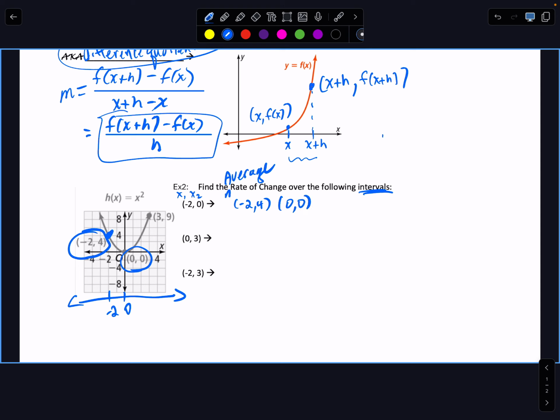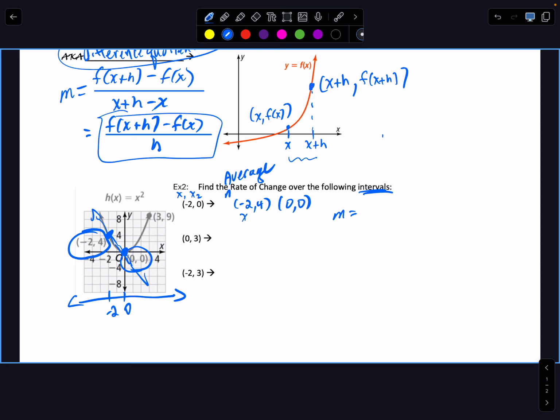So we're using the point -2,4 and the point 0, 0, and you're going to find the slope of the line that goes through those 2 points. That's your average rate of change on that interval. And so label it as slope.